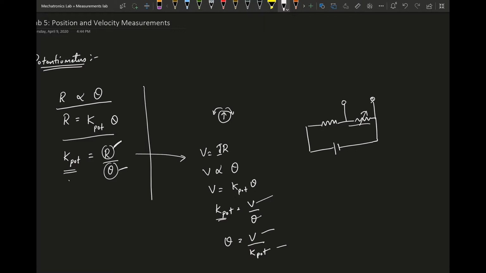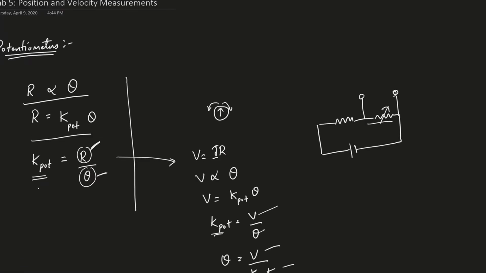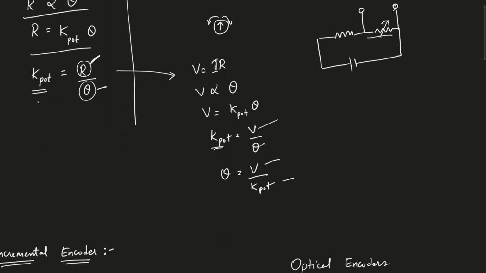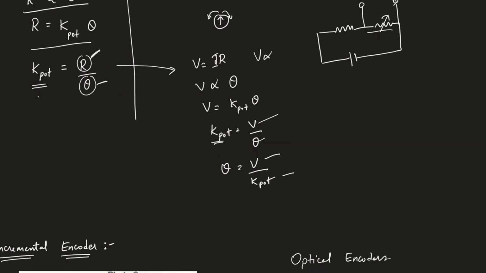Yeah, and we can also translate it into this form because we know voltage is directly proportional to IR, and V is also directly proportional to R, and we can say that V is directly proportional to theta, and so we end up with this equation where your proportionality constant K pot is your voltage by angle.